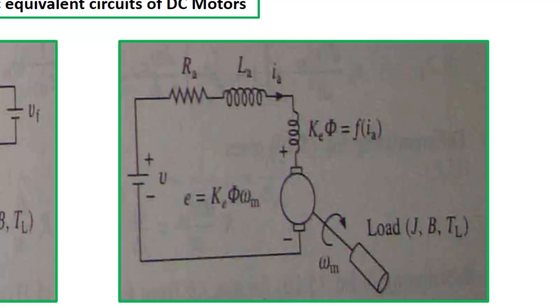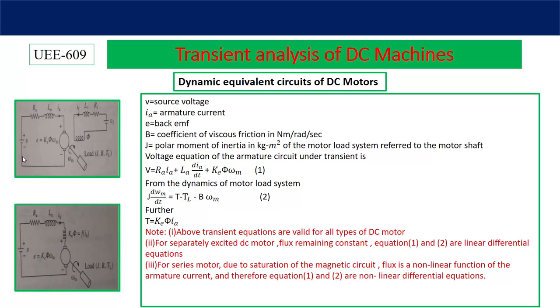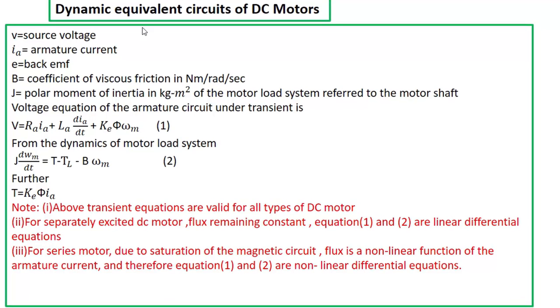The same load is connected to this motor: J the polar moment of inertia, or the equivalent polar moment of inertia, B the coefficient of viscous friction, and this is the load torque required and to be supplied by this motor. To obtain mathematical equations related to this, let's first define these things.